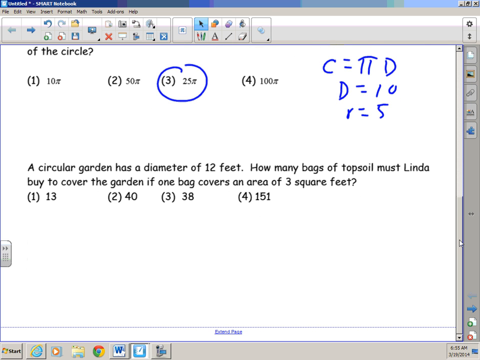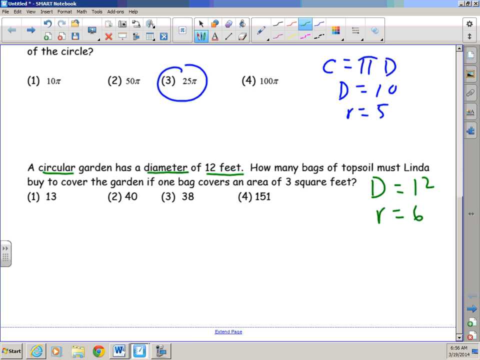A circular garden has a diameter, and again, underline, diameter, circular, 12 feet. How many bags of topsoil do you need if 1 bag covers an area of 3 square feet? What you're asked to find is the area. So if d is 12, r is 6.